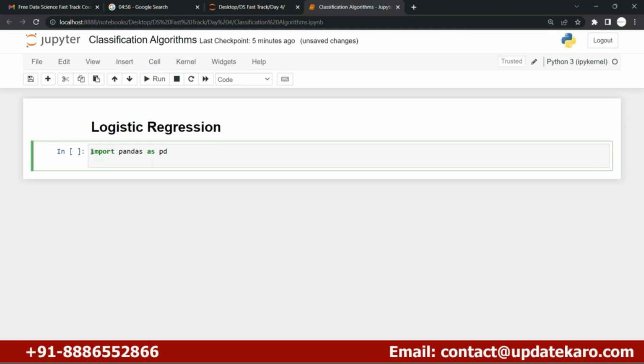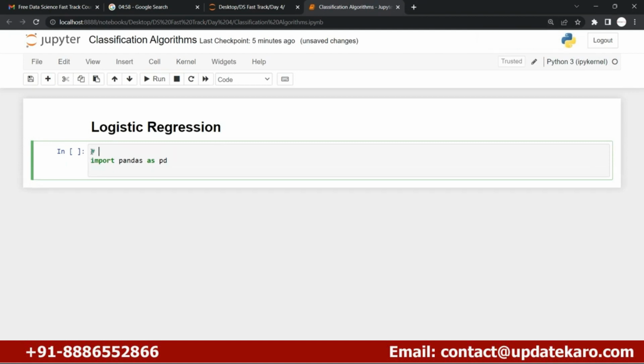Here we are importing the libraries which are important for our analysis. Second, we have import numpy as np. It's not a comment, it's code.